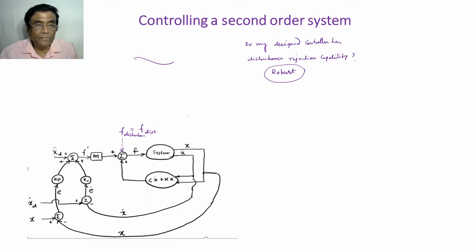Or from the environment, where it is doing the job, some reactive forces which you have not expected have appeared, and those could be disturbance forces, right? So if disturbances are there, then how my controller will perform, we are going to talk right now. So this is the servo part again.